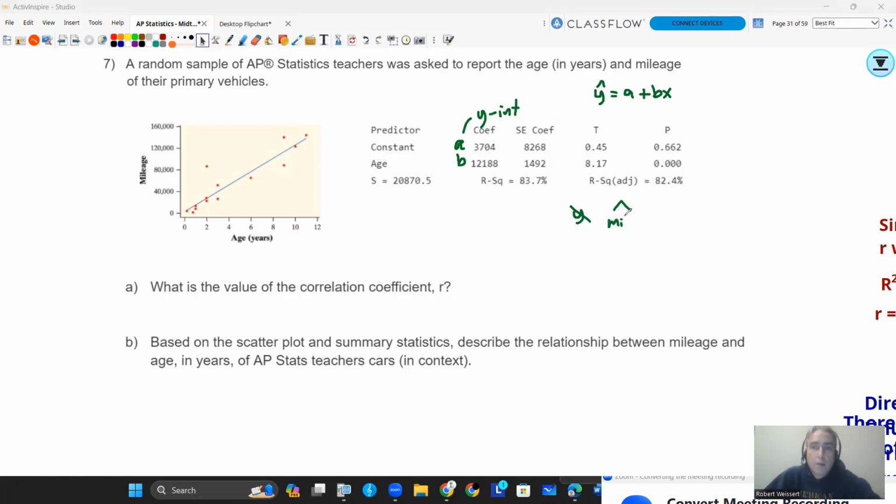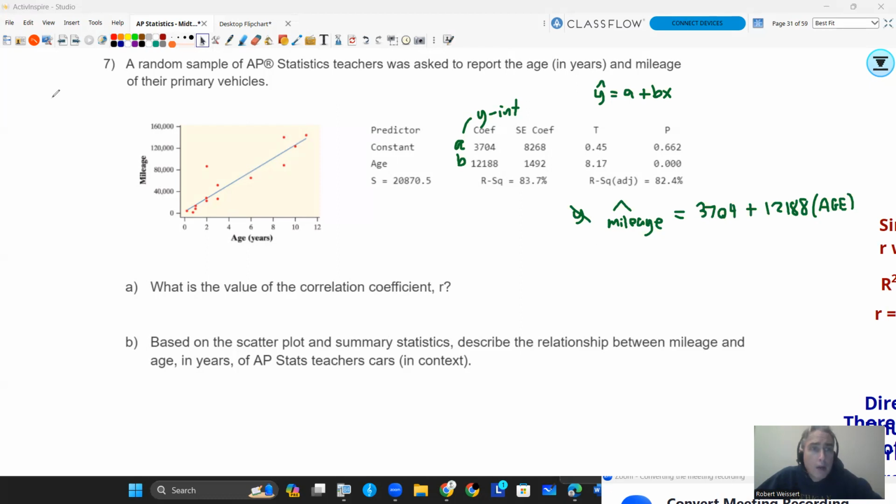So predicted mileage equals a, so 3704, plus b, 12188, times my x value, which is the age of the car. So I'm just going to write age. Now it's important you put that little hat over there. That means predicted, not the actual mileage. The actual mileage are the points over here. So you're going to have to know how to write that equation. So jot that down anyway.